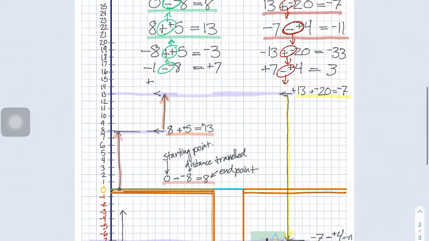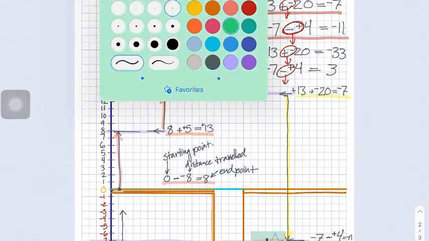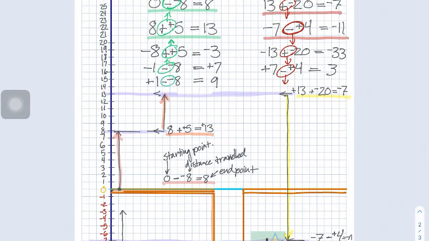It throws me off because I started at 0, and 0 isn't positive or negative. But if it was positive 1 minus negative 8, that would start here at positive 1 and go up 1, 2, 3, 4, 5, 6, 7, 8, and it would go to 9. So in all of these cases, the first number is just the starting point, the second number is the distance you go, and the third number is the end point.